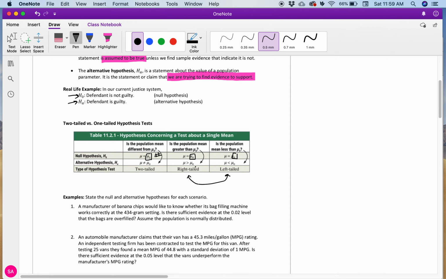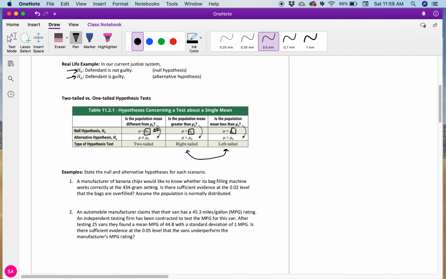We could have an alternative hypothesis where the mean we believe is greater than the proposed value or less than the proposed value. So these are the 3 main forms you'll run into every time you need to write your null and alternative hypotheses. So let's just do an example.